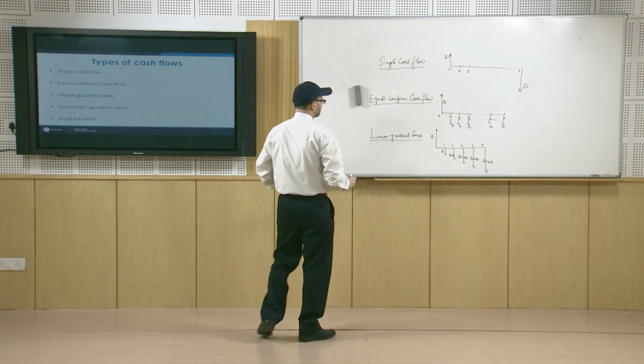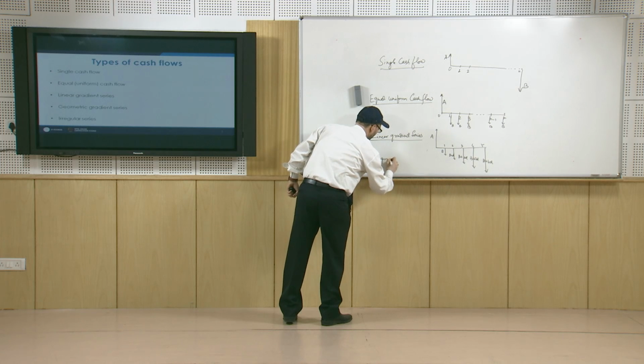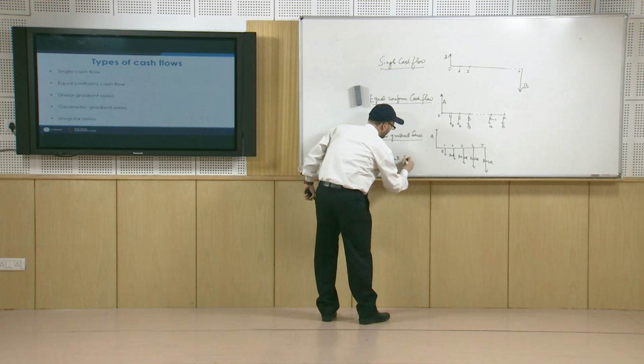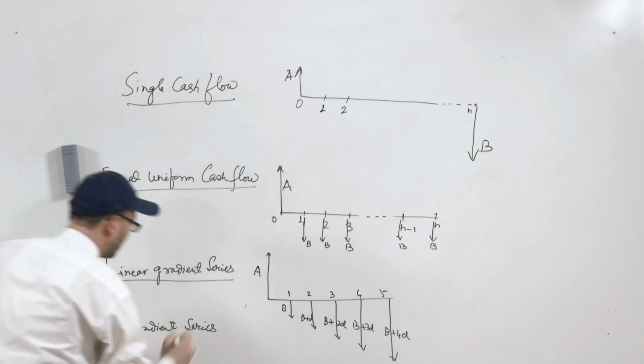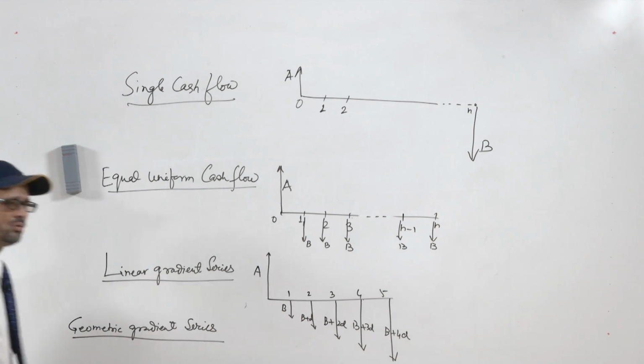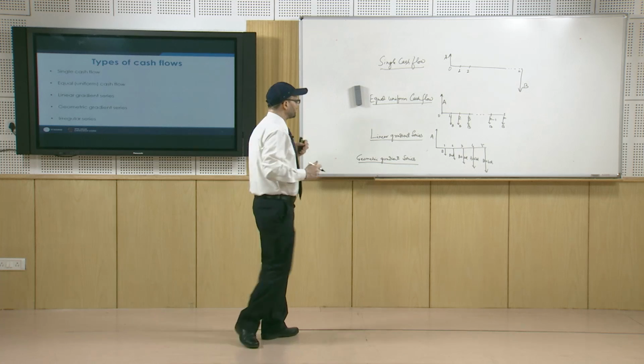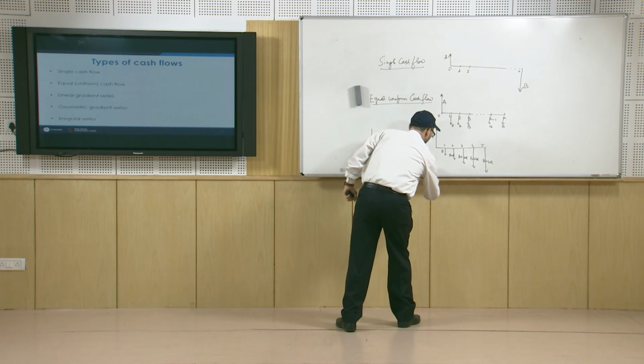Similarly, the next is geometric gradient series. Under this series, the linear amount changes by a geometric factor.